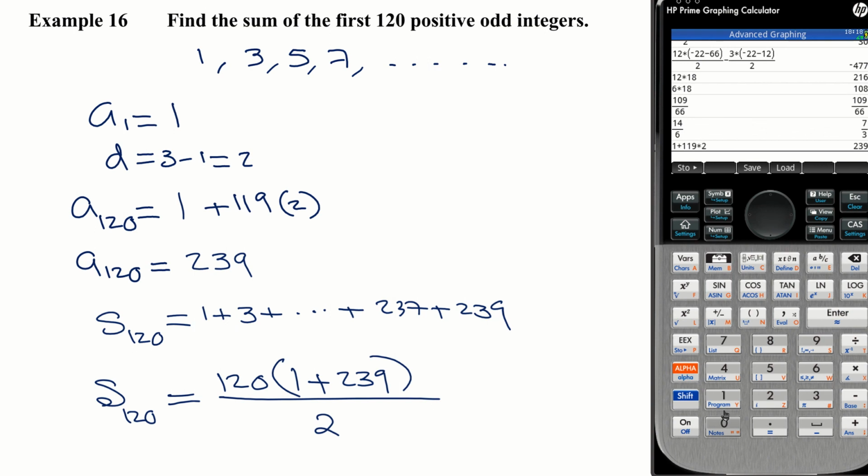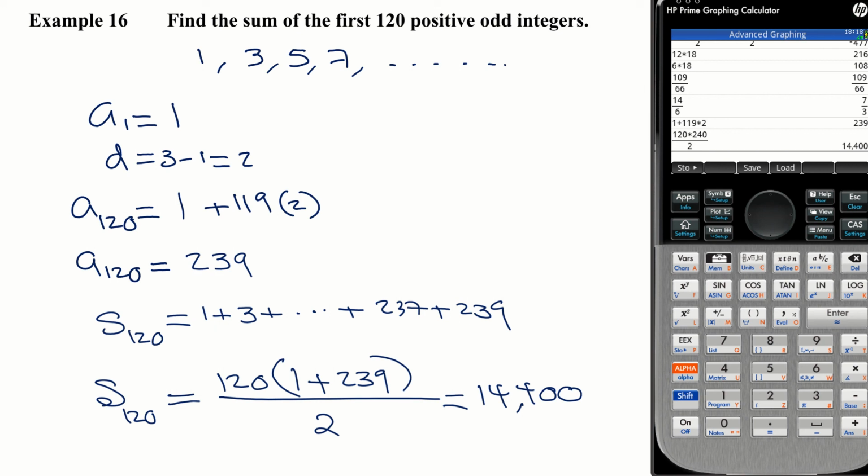All right, so 120 times, that's going to be 240, right? 1 plus 239, and then divided by 2. So we get 14,400. There it is.